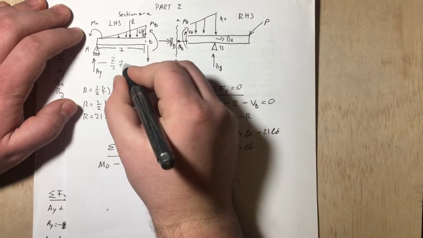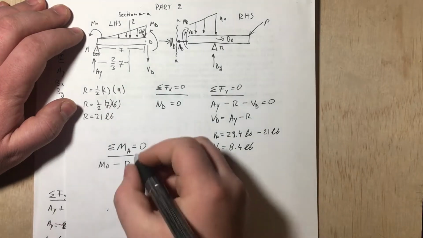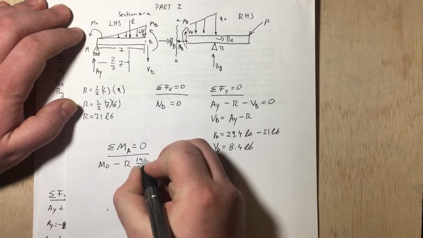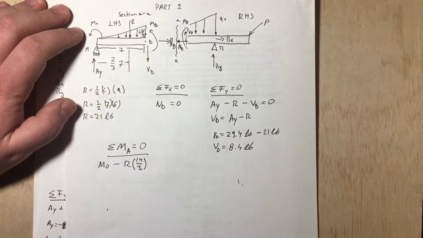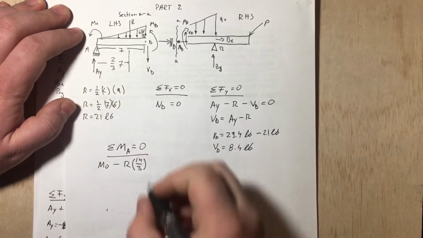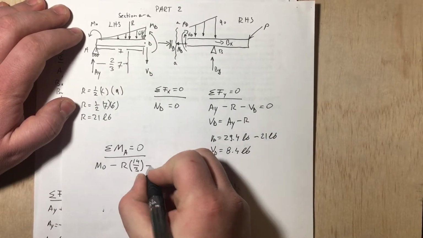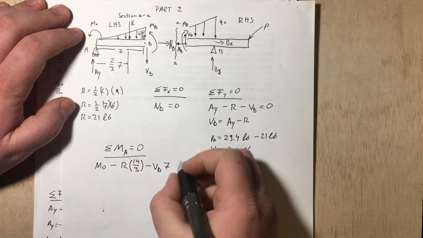2/3 of 7. Right there. So that's 14/3. And then lastly, we have VD, which is the shear, and we actually calculated that one here. So we have minus VD times 7, which is our distance.